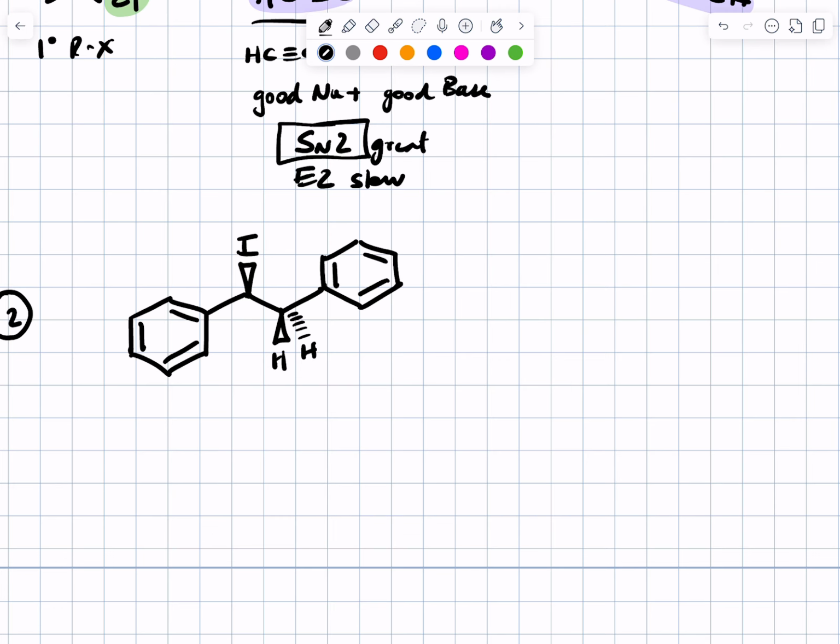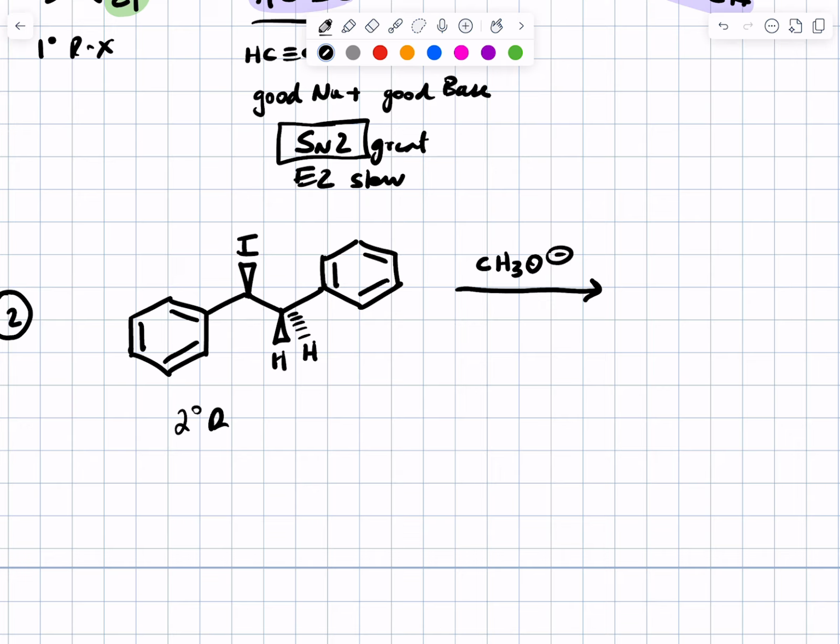Okay. Behold, a secondary alkyl iodide. And, you know what? I wanted that not to be there. It's such a good problem. No, let's just keep it as it was. That's good. And let's use CH3O- as our nucleophile.